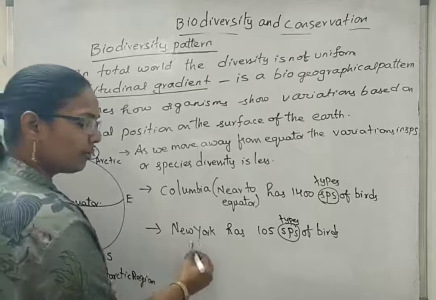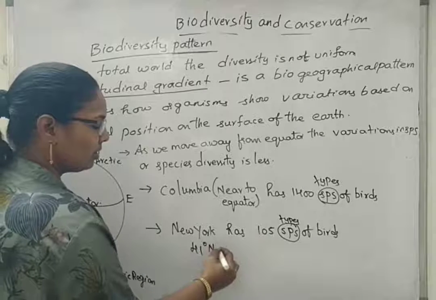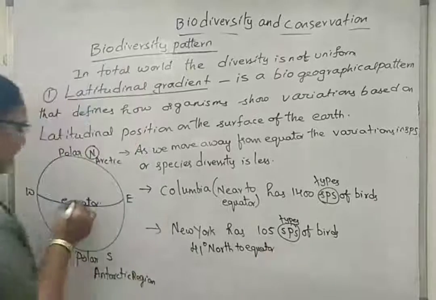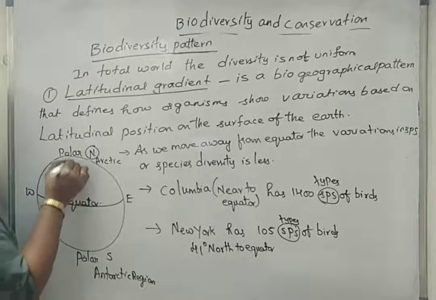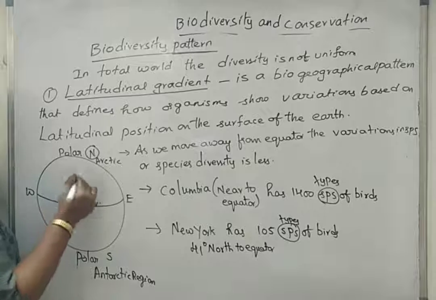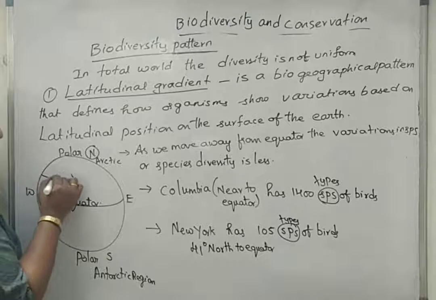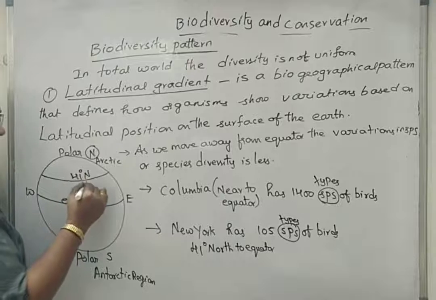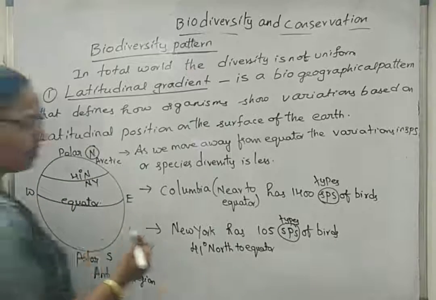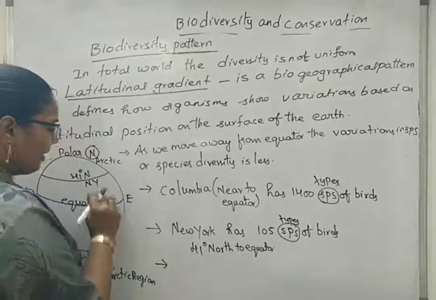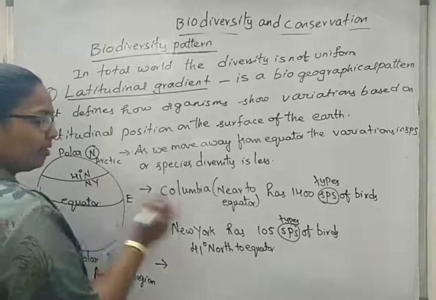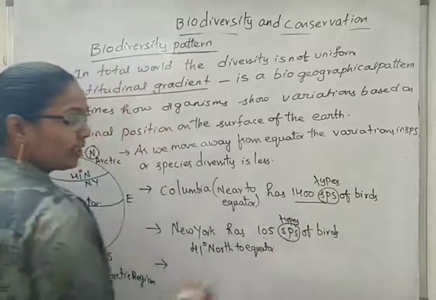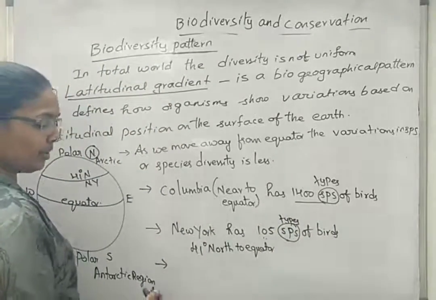New York is 41 degrees north of the equator, meaning we are moving towards the Arctic region, the north direction. When we are moving towards the polar region, the number of types of species decreases. Here it is 1400, but it has decreased to 105 types of species.